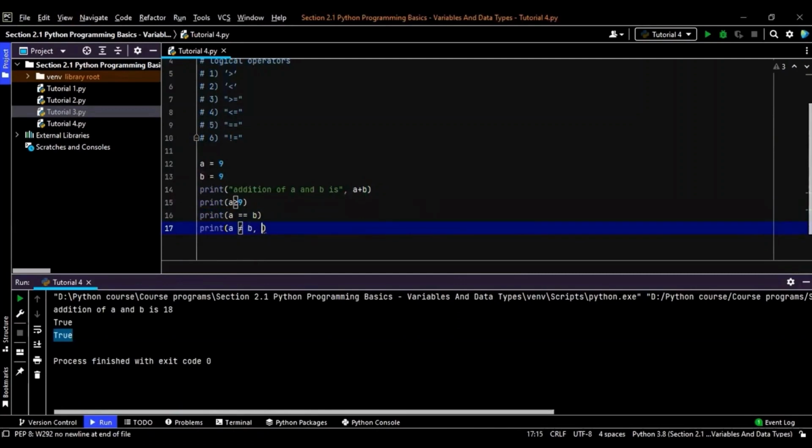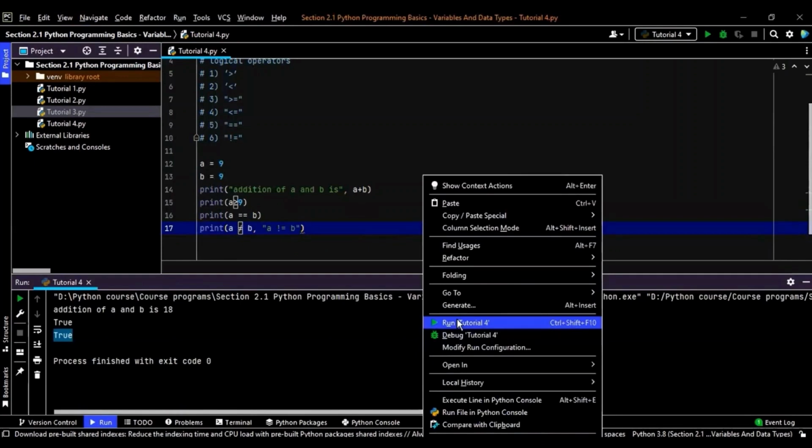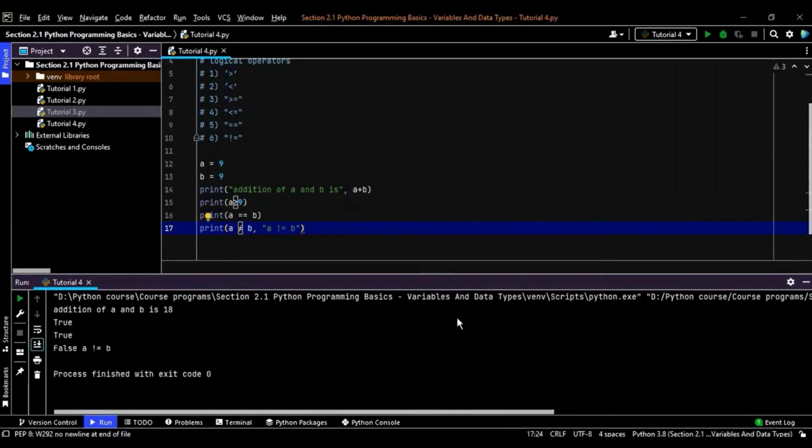So now let's just try printing this, whether this is true or not. Let me just mention the context so that you don't get confused. Over here, we are trying to check whether a is not equal to b. And if I run it, have a look. False.